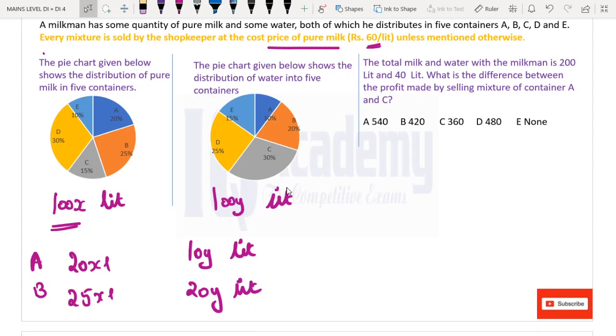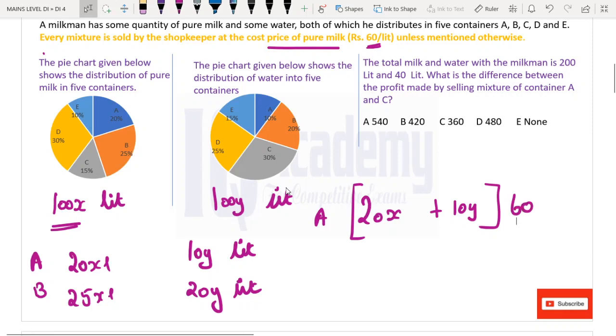we'll take only container A and see what they have done. In container A, he is mixing 20x liters of milk with 10y liters of water and he is selling the mixture at 60 rupees per liter.